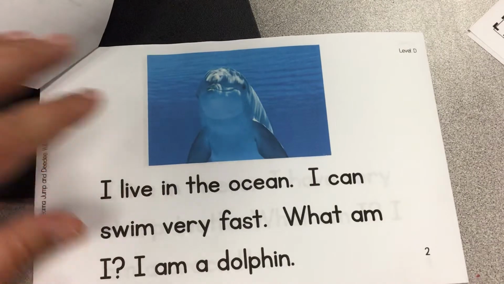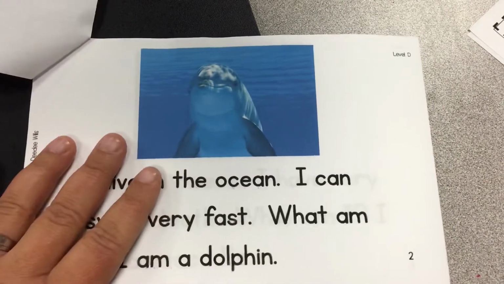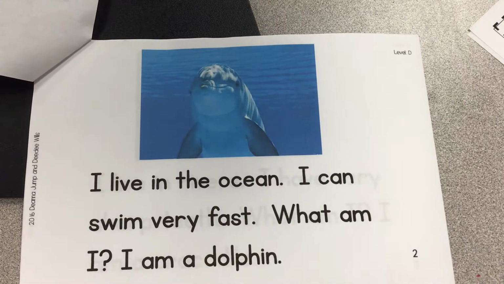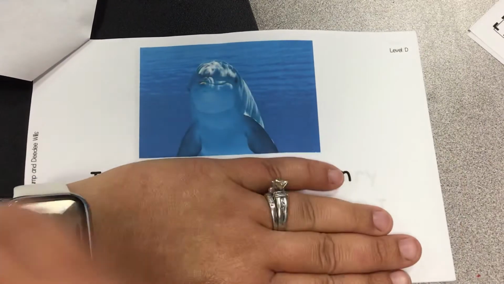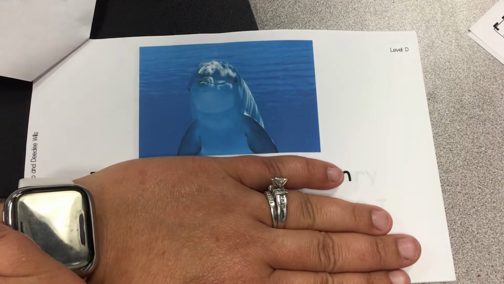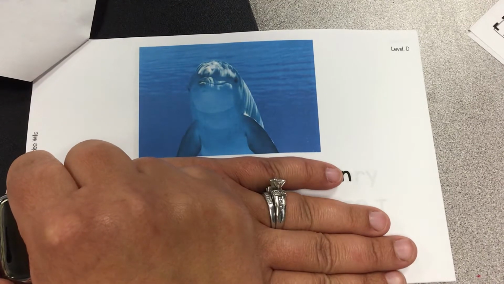All right, so when I open up this book, I want us to get our eagle eyes ready, and we are going to look at the pictures first. Before we read the words, I want us to look at the pictures so that if we get stuck on one of the pages, we can look back at our picture to give us a clue about what this book could be about.